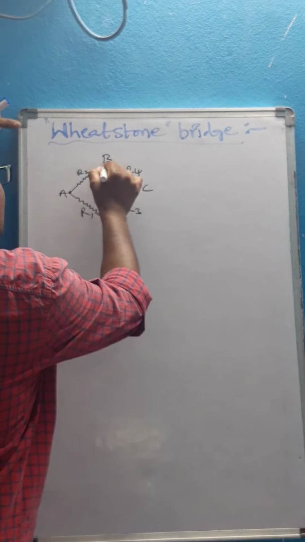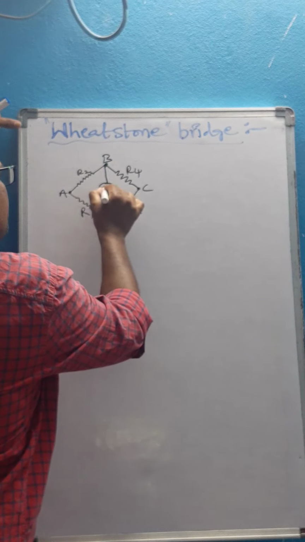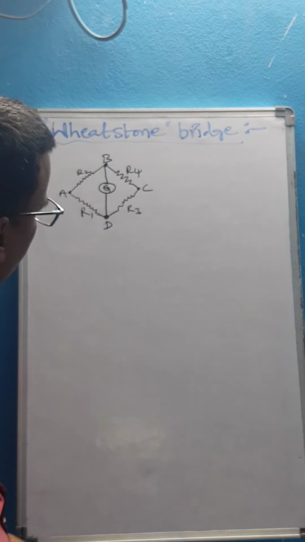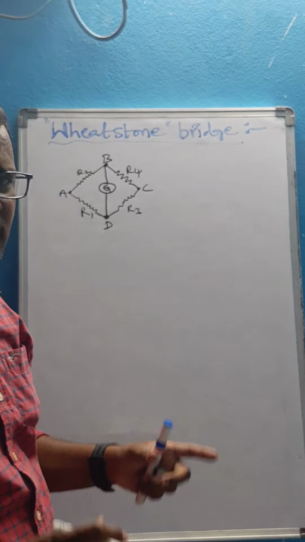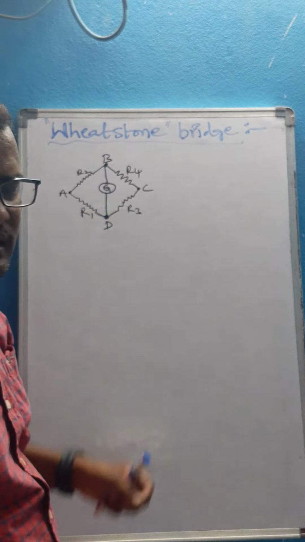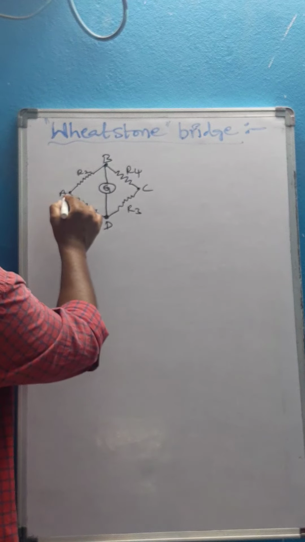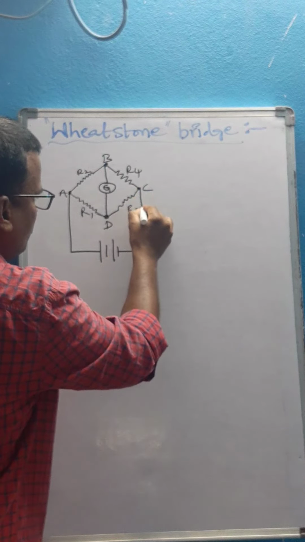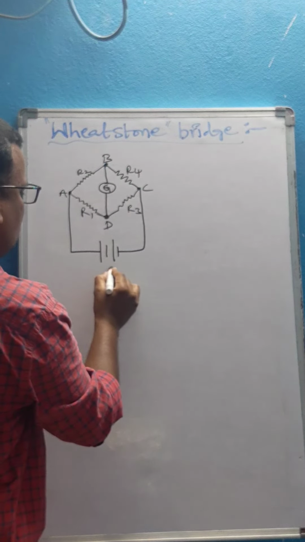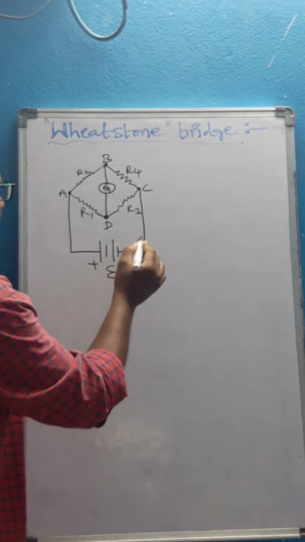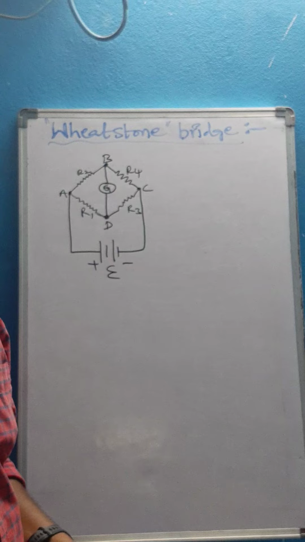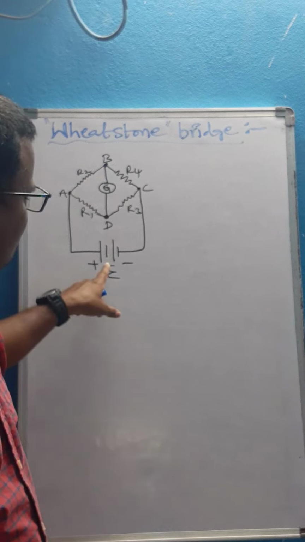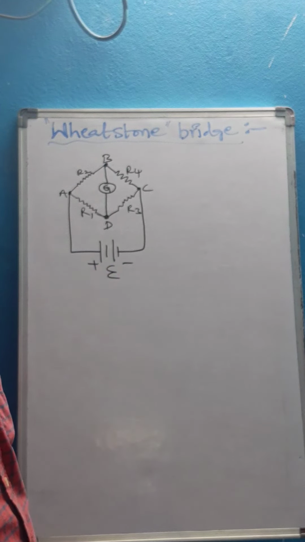So in between the opposite junction points B and D, we can connect the galvanometer, and in between the remaining opposite points A and C, we can connect the high resistance battery. This is the symbol for the high resistance battery.